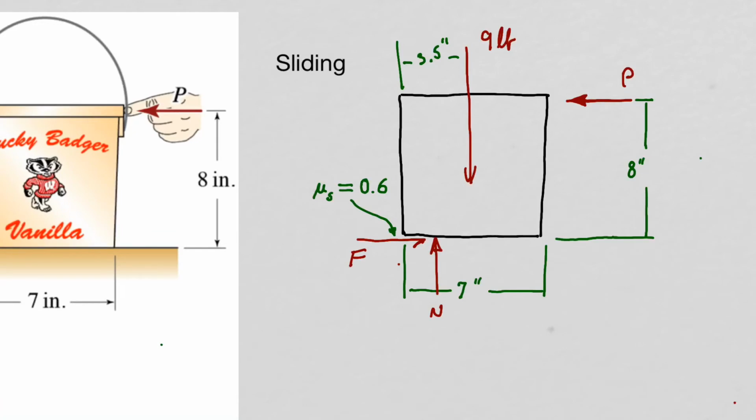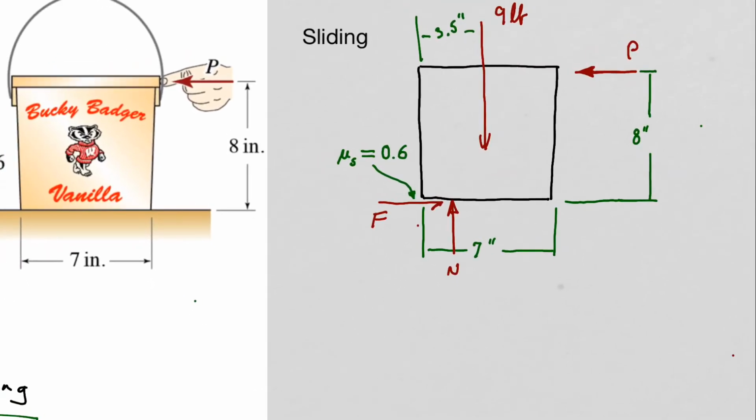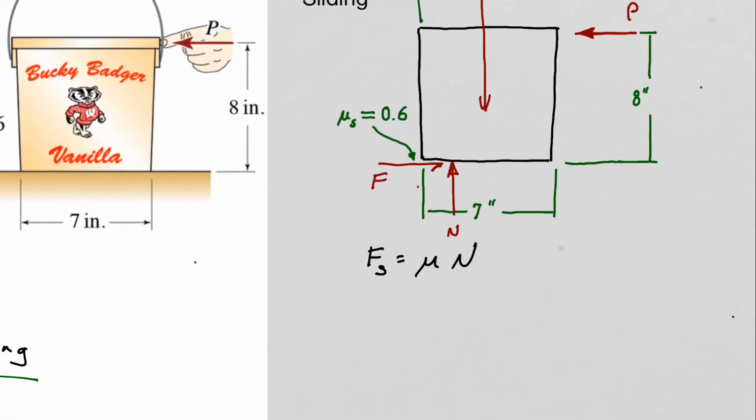Okay, so how do we solve problems like this for sliding? We know that if it is just about to slide, if our frictional force F is just at impending motion, then we have F is equal to mu N. We know our static coefficient of friction. We don't know our normal force. We can solve for our normal force by summing forces in the y direction equals 0.